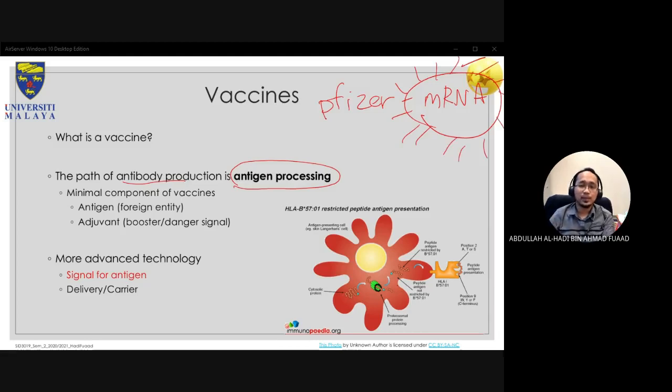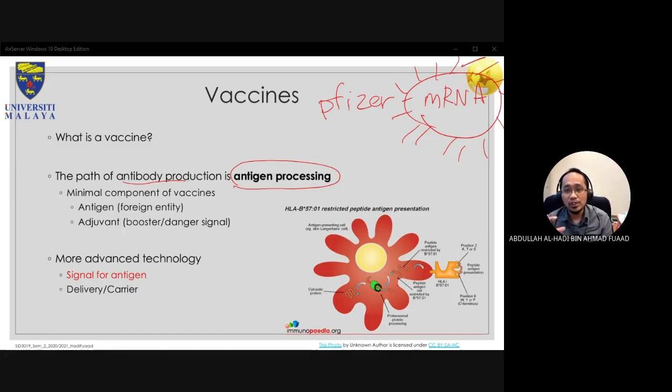So in this particular vaccine, there is no epitope. So to say, directly, there's no epitope in the vaccine itself. There's only mRNA. There's no danger signal. Well, there is a carrier. The carrier is the lipid surrounding the mRNA.